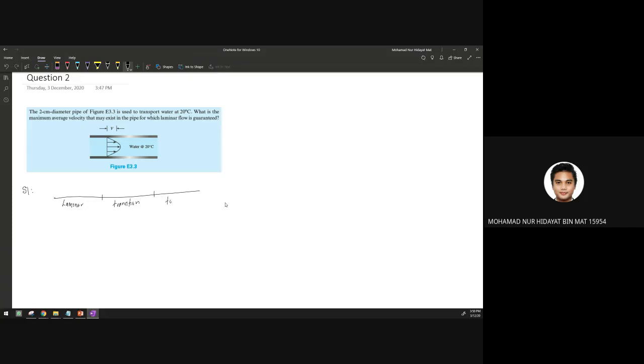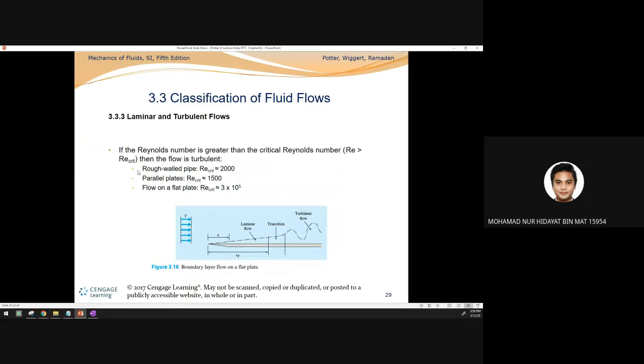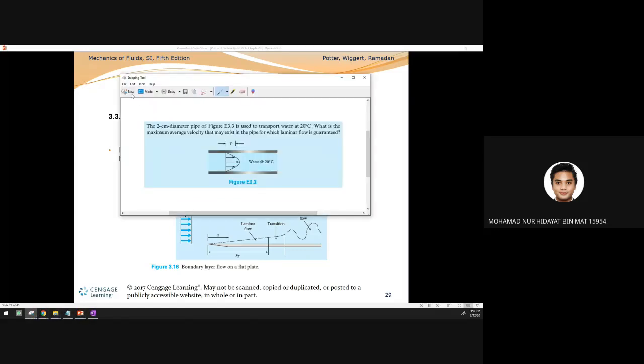This is turbulent, and in between is transition. So based on the basic definition, when the Reynolds number passes through this point, which is 2000, remember this.